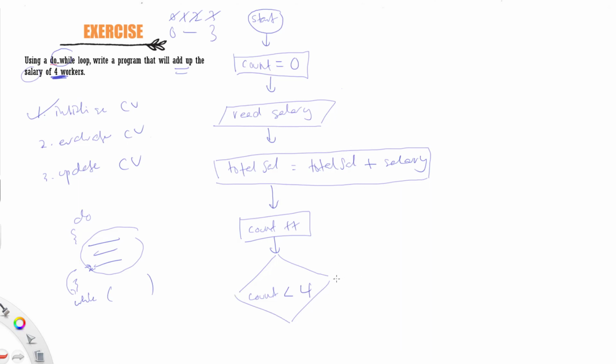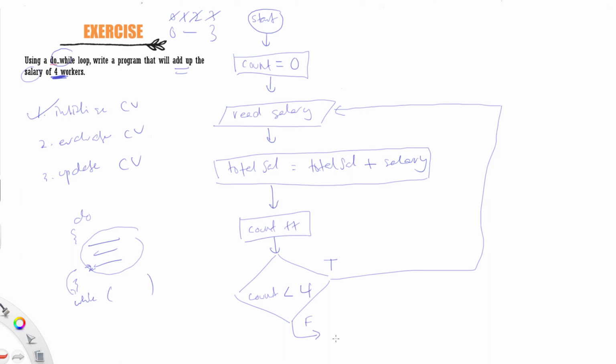If this is true, if the count is in between 0 and 3, meaning it is less than 4, it will go back to the read salary, meaning that this thing will be repeated 4 times.